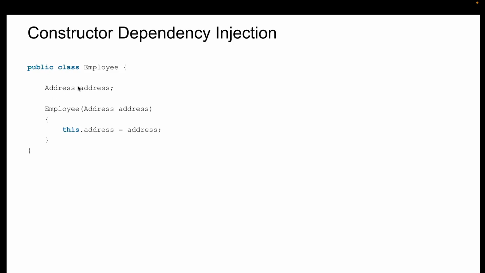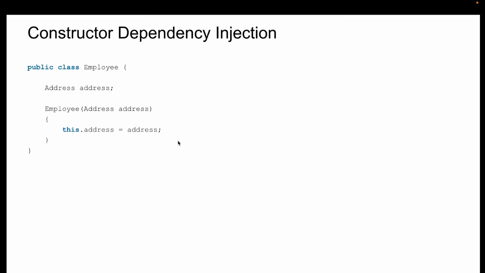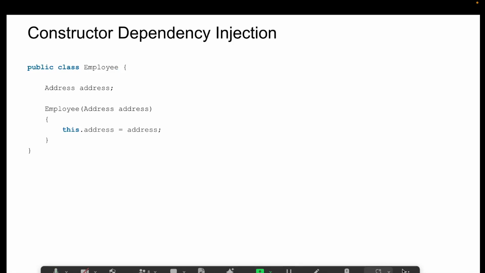I do not have that in the slide, but I hope you got that right. TJ, is your doubt clear now? This is a user defined data type. We have the class defined for it. It has different fields, and we have injected this address into the employee class.